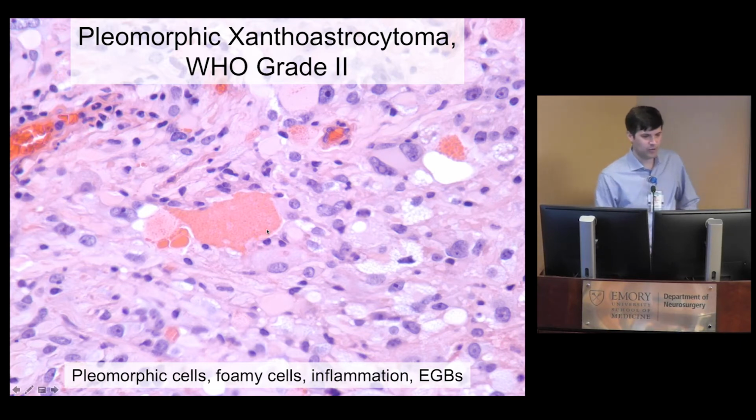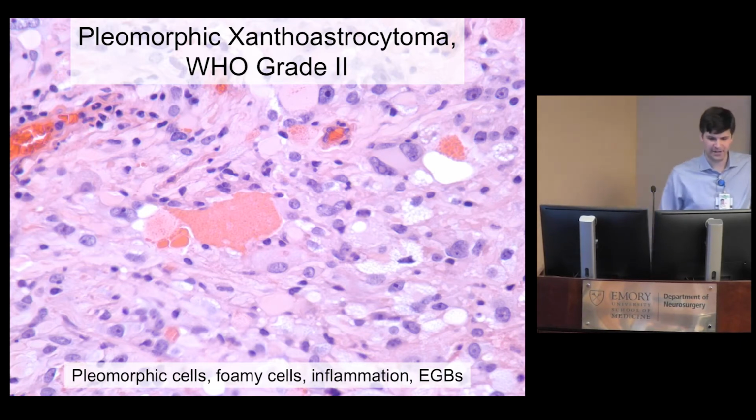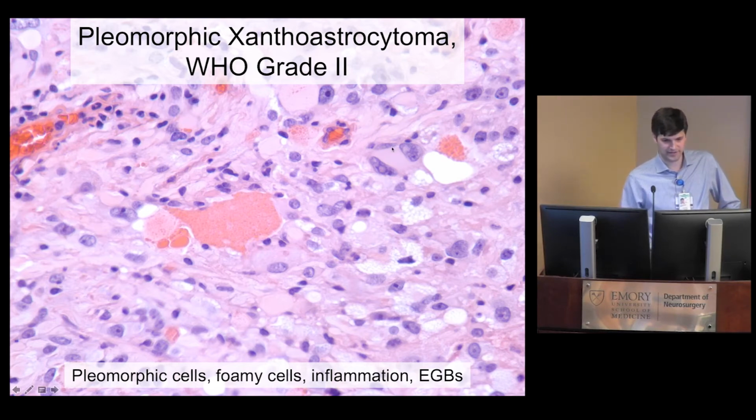So pleomorphic xanthoastrocytoma, or PXA, is WHO grade 2 by definition. The tumor cells look a little bit bigger and a little bit more atypical than what we were seeing in that pilocytic astrocytoma. They'll also have some foamy cytoplasm, that's the xantho portion of the name.